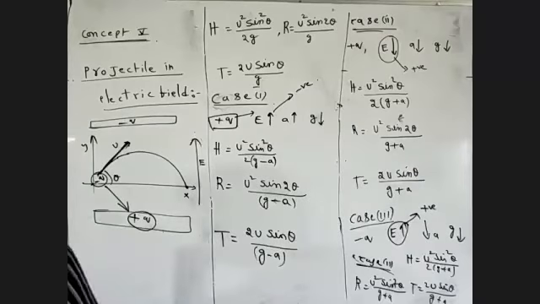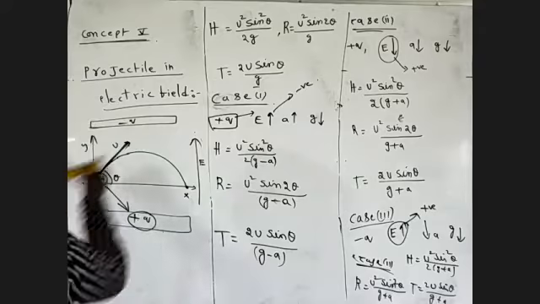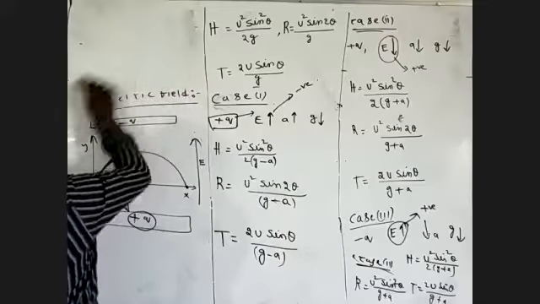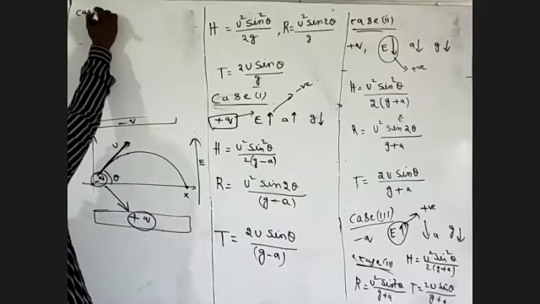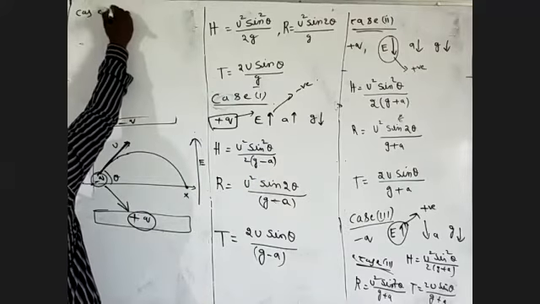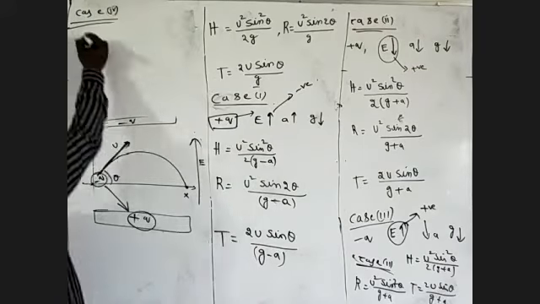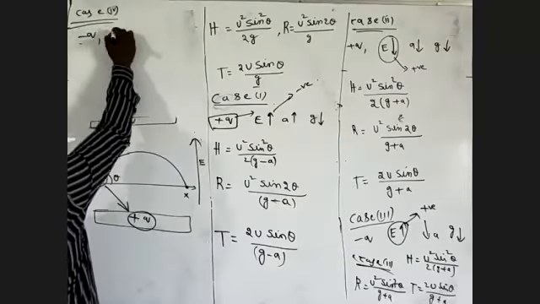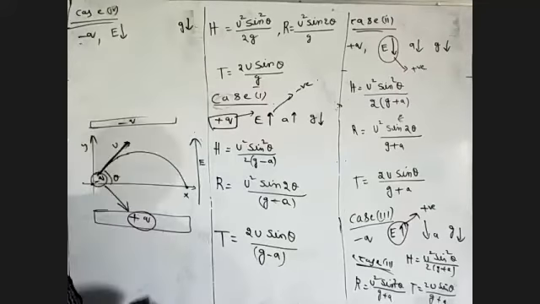Next, case number 4. Case number 4 is a negative charge. The electric field is in a downward direction. Gravity is always in a downward direction.